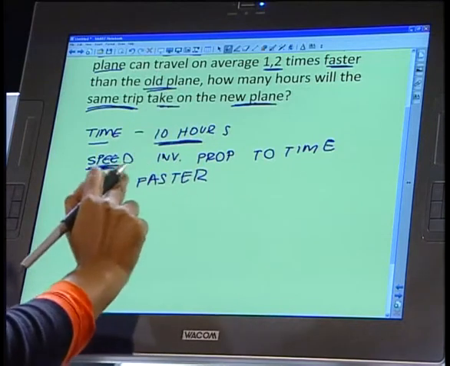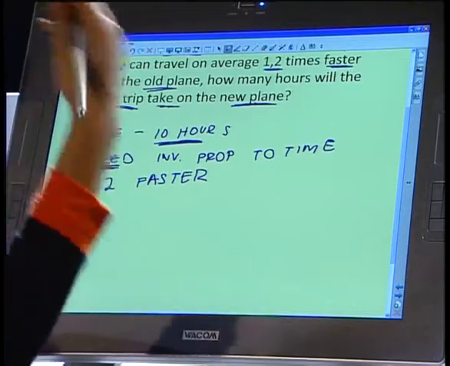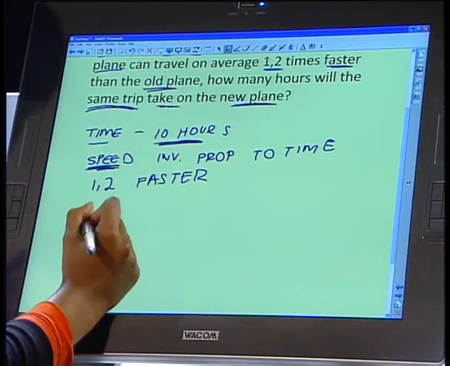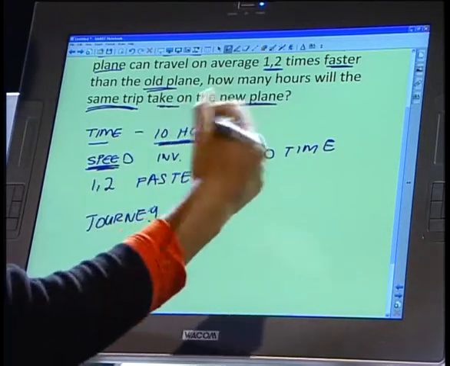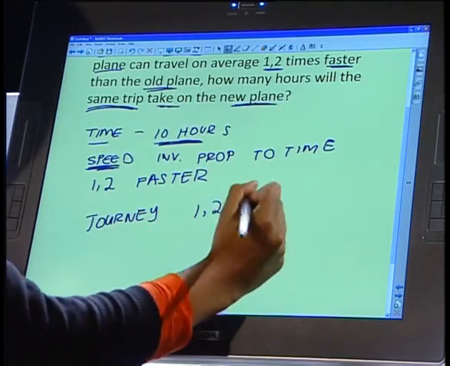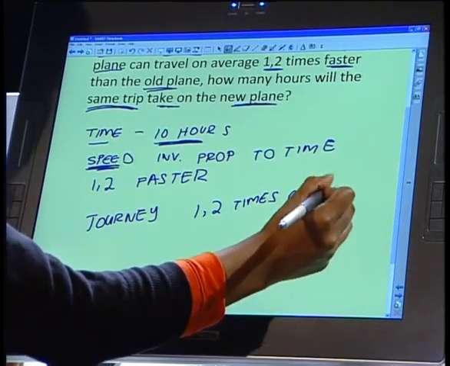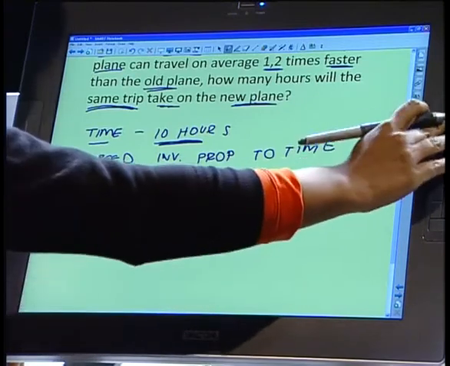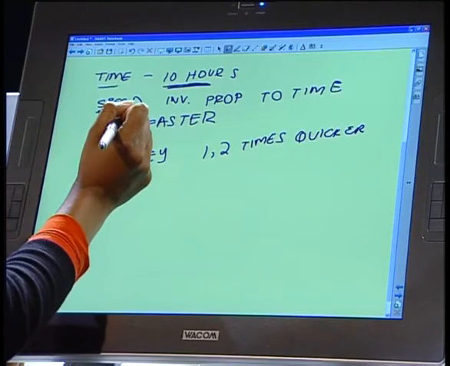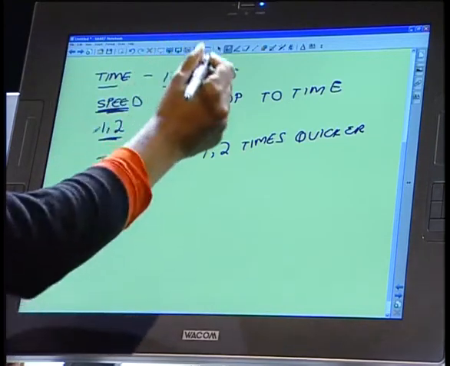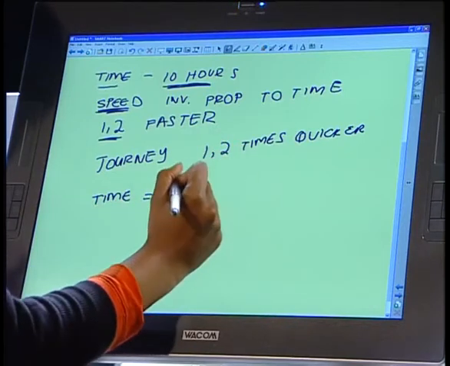And since speed and time are inversely proportional, this should straight away tell you that my journey is going to be 1,2 times quicker to get to the same place. All right, so because they're inversely proportional, if I times my speed by 1,2, what do I have to do? I have to divide my time by 1,2.